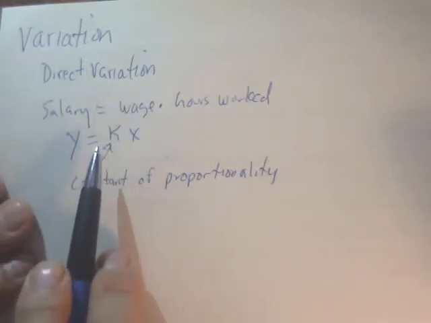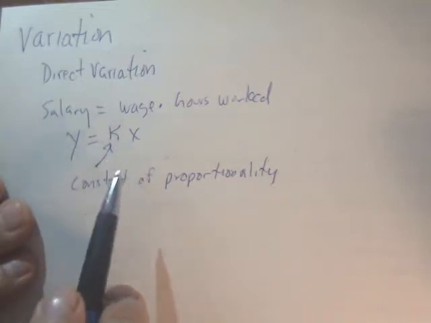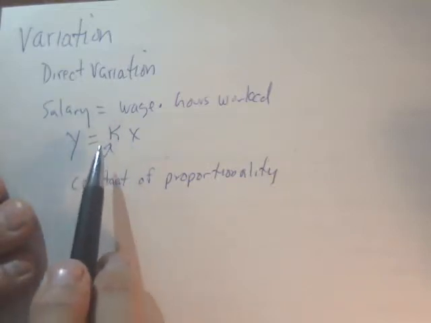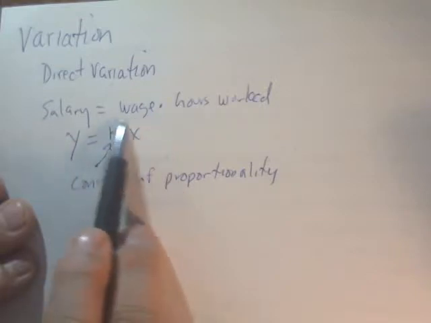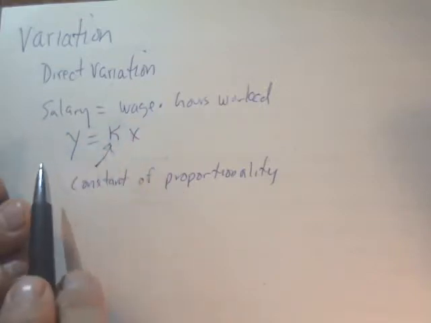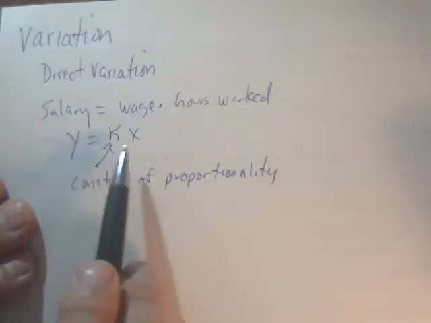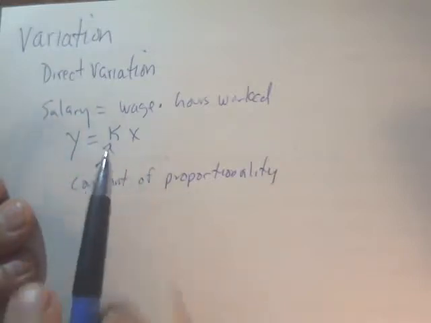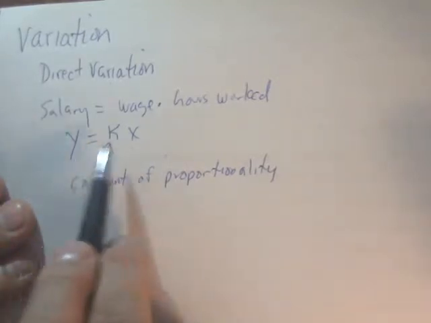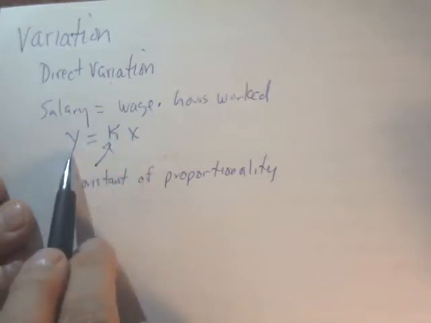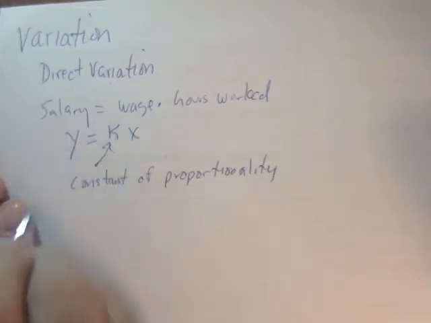So what we will do with the direct variation and the inverse variation is we will be finding this value oftentimes, setting up our formula, and then either being done with it or solving for other values. Okay, so that's your direct variation, where again, as one variable increases, the other variable increases.